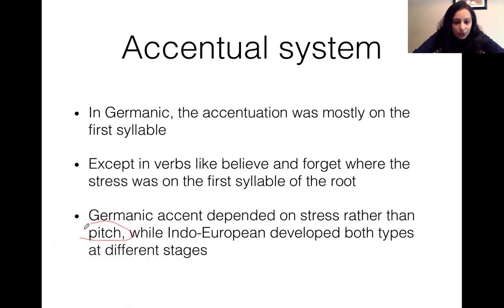English is a pitch-oriented language, so you can have a rising intonation and a falling intonation, and depending on which you use, you get a difference in meaning. But Germanic accent is more based on stress. So you can see that there are differences between German and English.